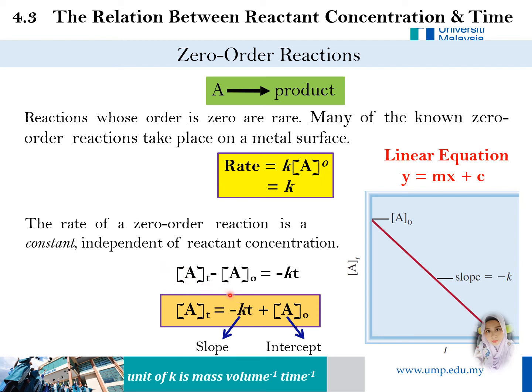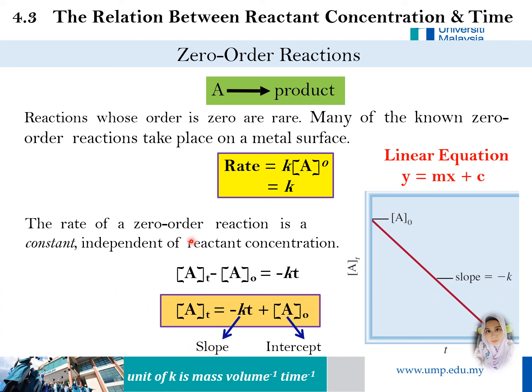So the integrated rate law for zero order reactions is the concentration of A at time t minus the initial concentration of A equal to negative kt. When we rearrange this equation according to a straight line, y equals mx plus c, we construct a curve of the concentration of A at time t versus t, and we get a straight line with the slope equal to negative k.